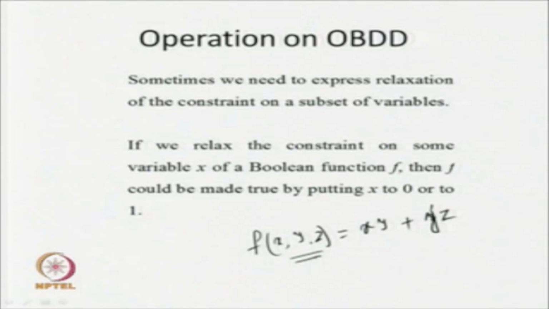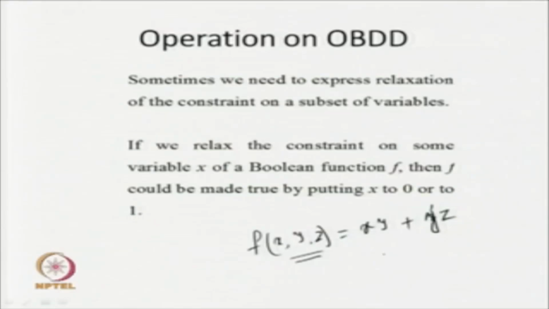So, we are saying that sometimes we restrict that particular function on a particular variable, that variable will be either equal to 0 or equal to 1. What is this particular function? Basically, we are saying that the functional value will be 1 provided x is equal to 1 and y is equal to 1, or y is equal to 0 and z is equal to 1. So, the function value will be 1 provided it satisfies this particular constraint.